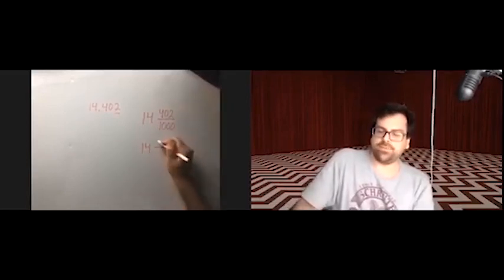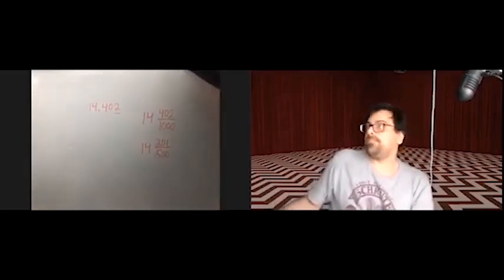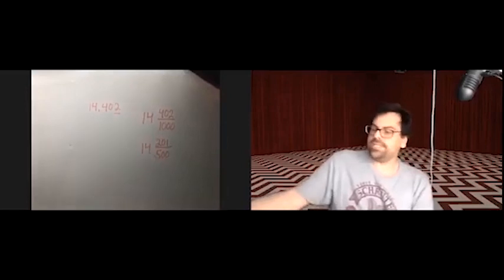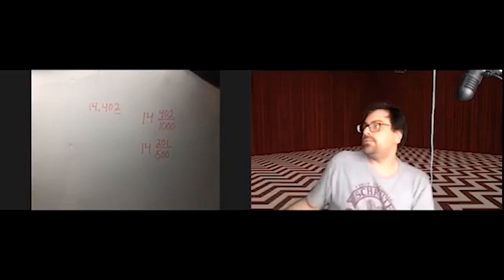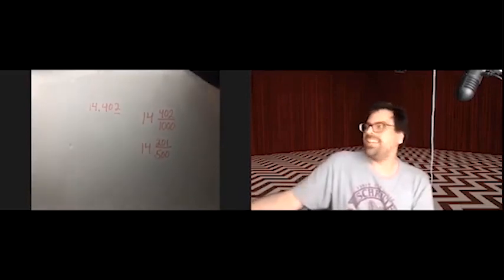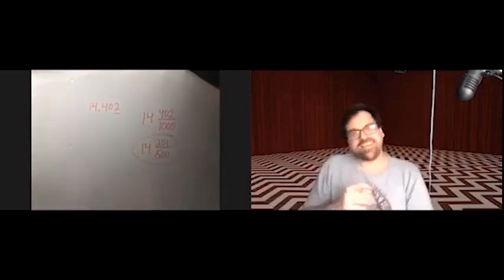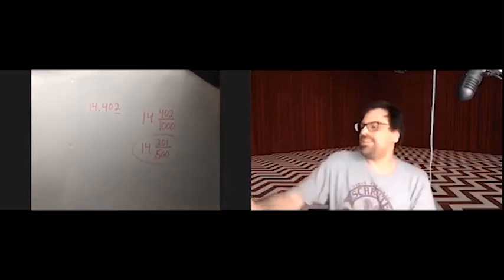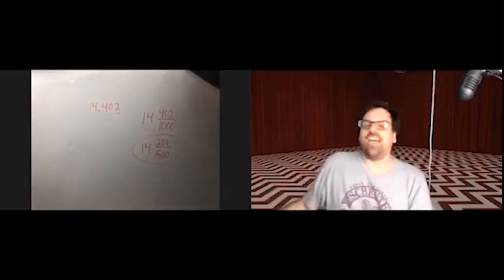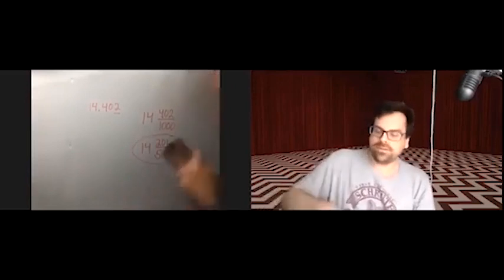Divide them both by 2. 14 and... I'm checking this one just to be sure. 14 and 201/500ths. I didn't think it reduced, but I wanted to make sure it'd be accepted. I haven't been checking this. I've been really confident until now.